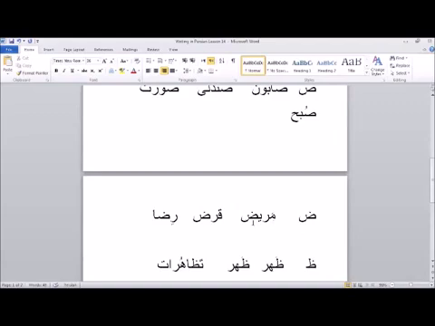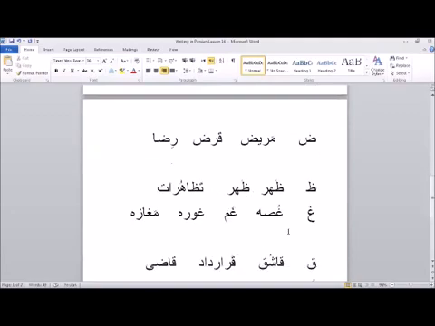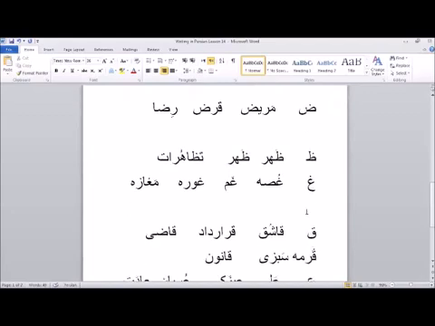Zat, yeah. Mariz, Qarz, and Reza. Za, Zohr, Tazahurat, Qain, Qusse, Qam, Qure, Maghaze. Remember that these two have the same pronunciation, though their names are different.